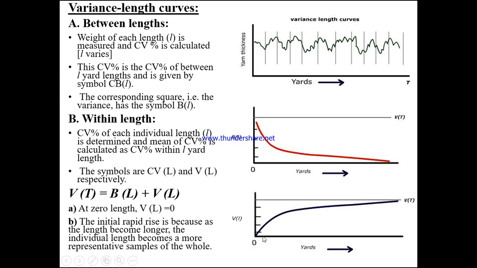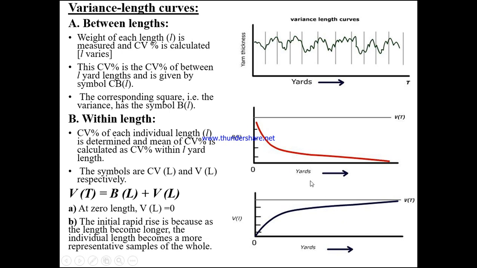But as soon as the cut length is increasing gradually, the variation within the length is gradually increasing, and at a maximum cut length or total cut length, the variation will be maximum, that will touch the total value, VT value, that will be maximum.